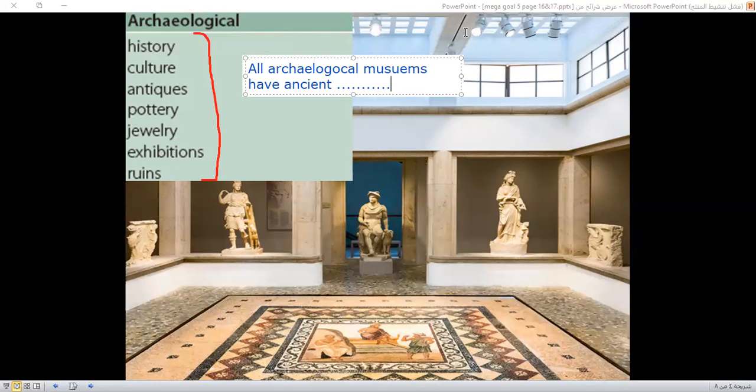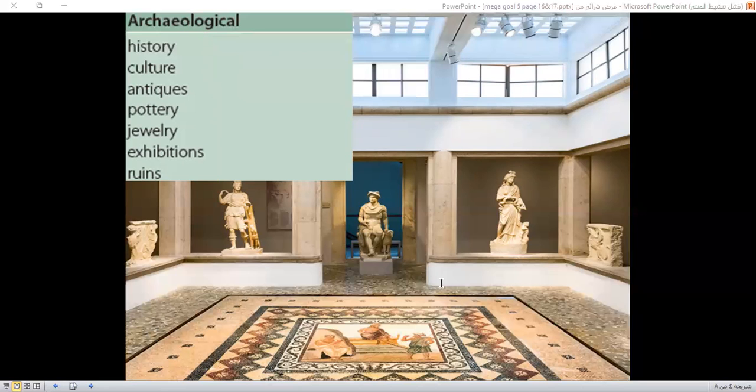So ruins means what? Things that are old. The stuff that they put in the museum, those things that are old. So we're going to write ruins. Just be familiar with the words and know their meaning.